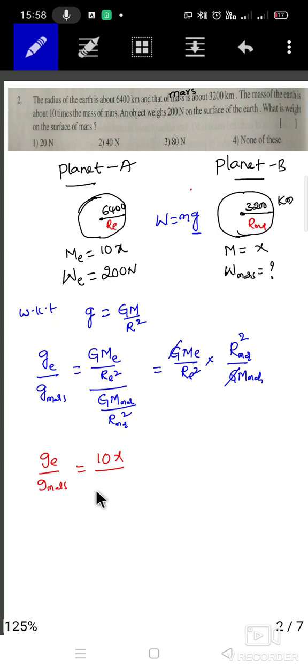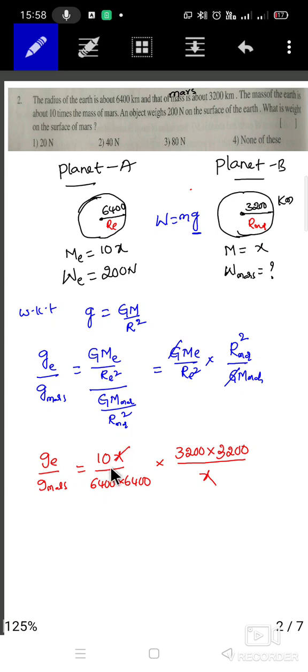So RE square means 6400 into 6400, into R Mars square, 3200 into 3200, by the mass of Mars, which we assumed as x.